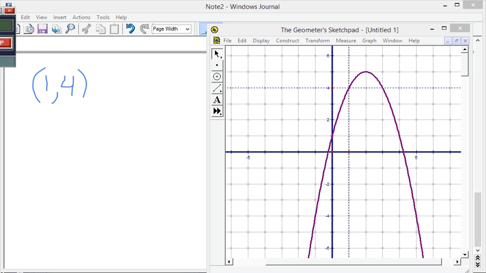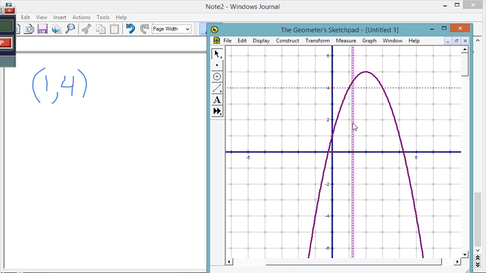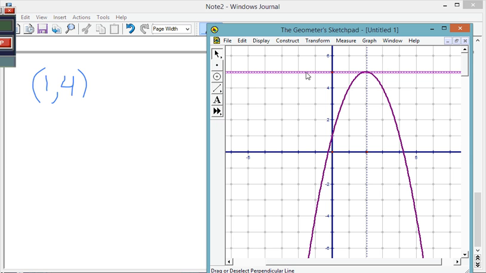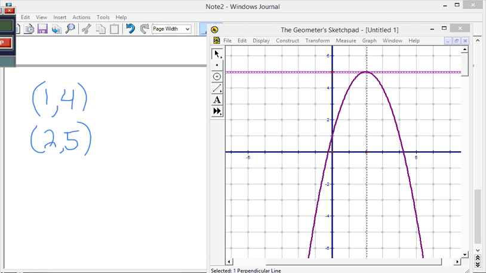Alright, and then I can tell other points from here too. I can see that if I look over here where x is 2, well, y crosses there where y is 5. So the point 2, 5 is on the graph. And so on. I can tell all of them.